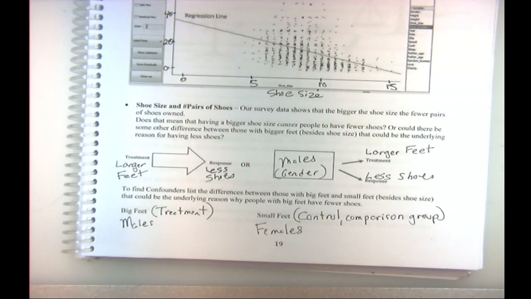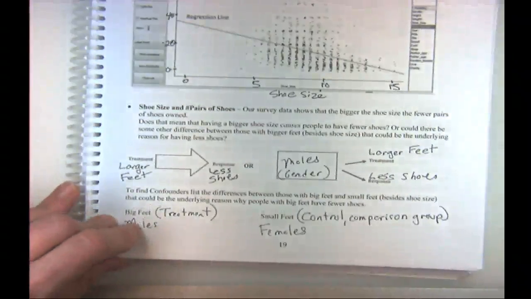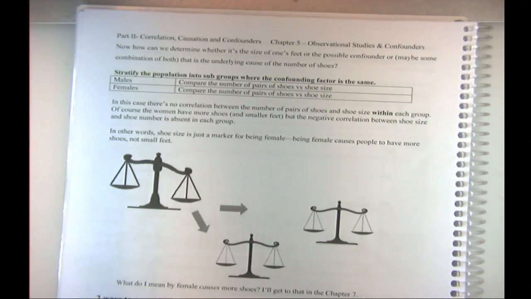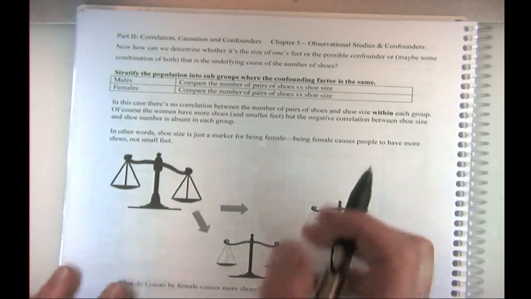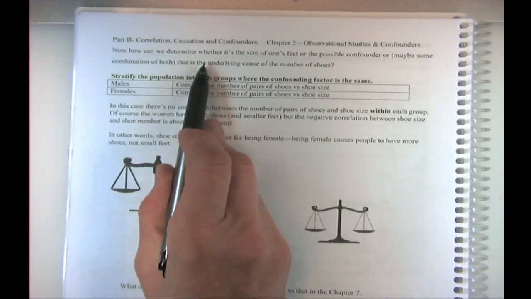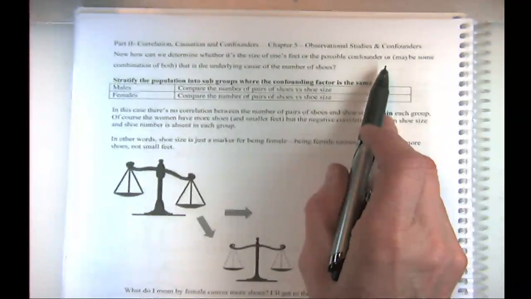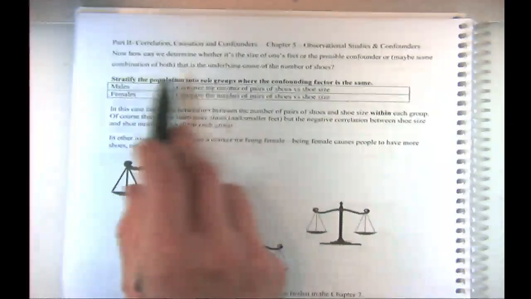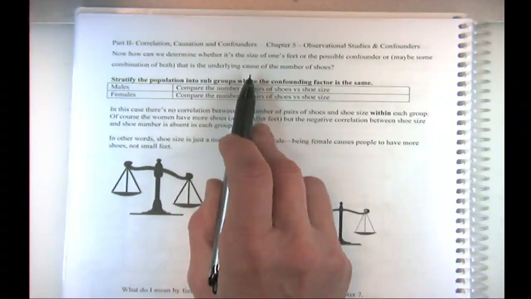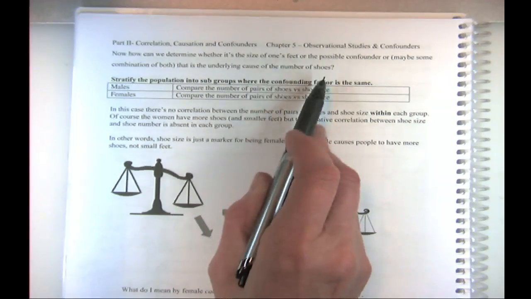Okay, now, so what do we do here? Well, you saw what we did. We stratified along this confounding factor of gender. So let's get a visual, intuitive picture of what we just did with the data program. How can we determine whether it's the size of one's feet, or the possible confounder, or maybe some combination of both, that's the underlying cause of the number of shoes?